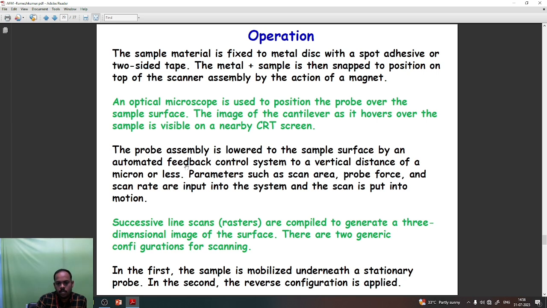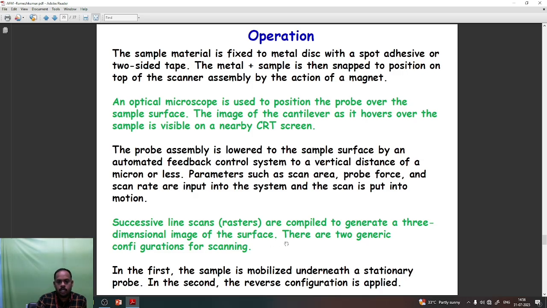The probe assembly is lowered towards the sample surface using a feedback control system. Parameters like scan area, probe force and scan rate are the input of the system, and the scan is put into motion. Successive line scans or rasters are combined to generate a three-dimensional image of the surface.